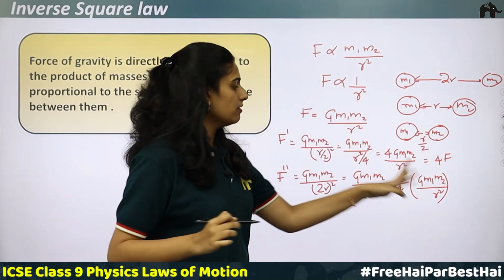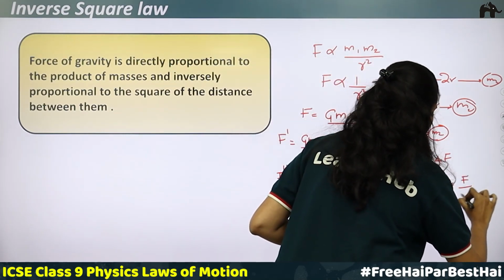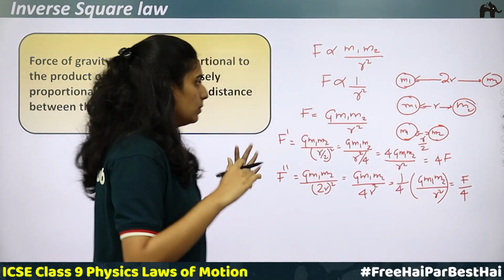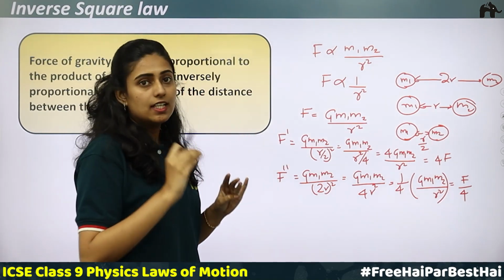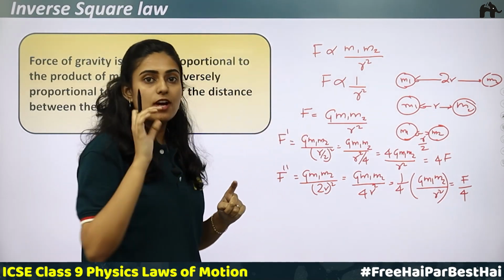G m1 m2 divided by r square is the actual force. So this is F divided by 4. Okay, which means when the distance of separation is doubled, force becomes 1 by 4.